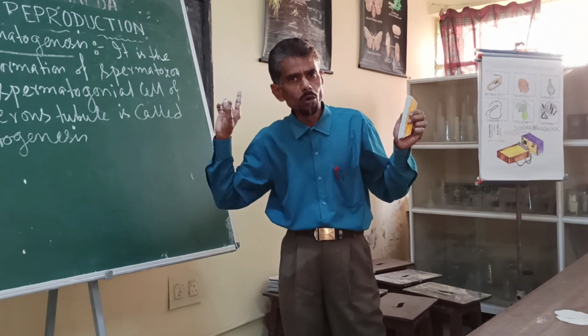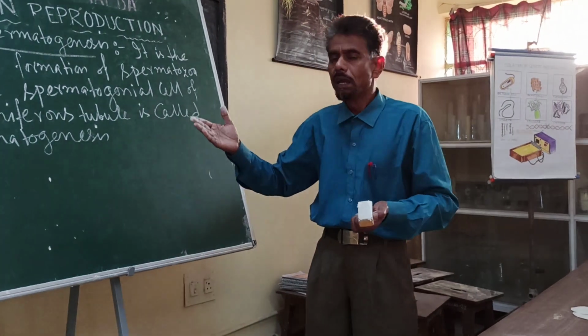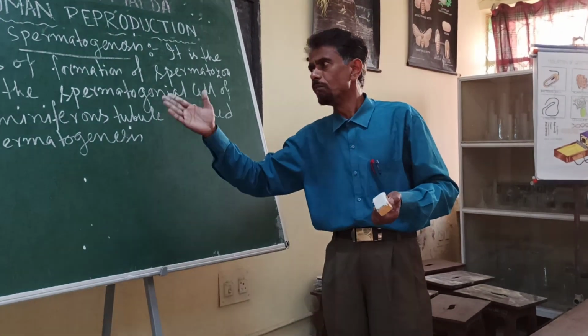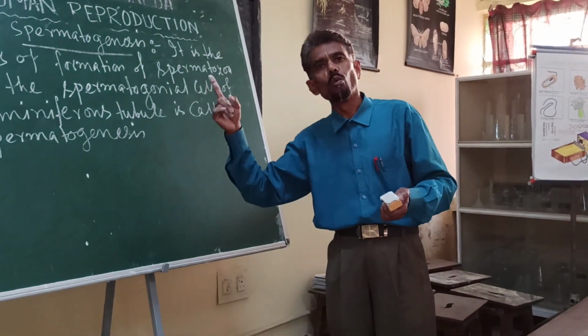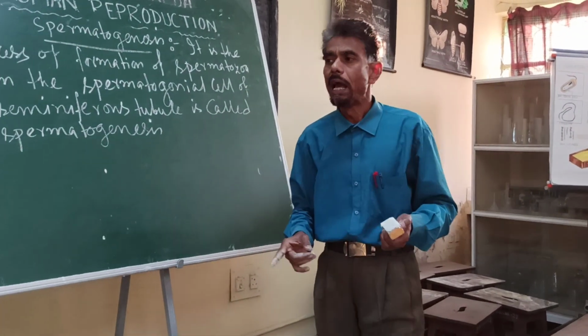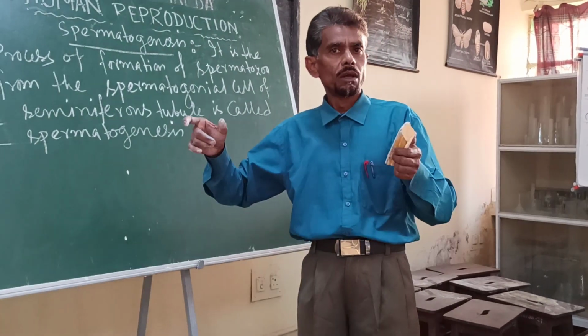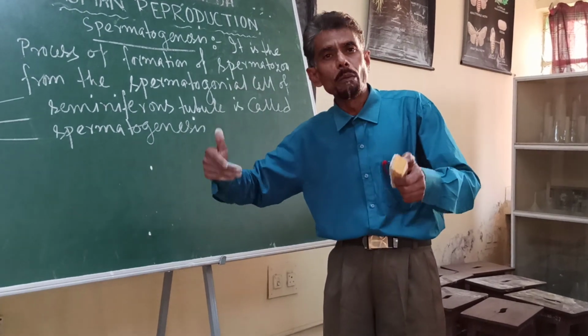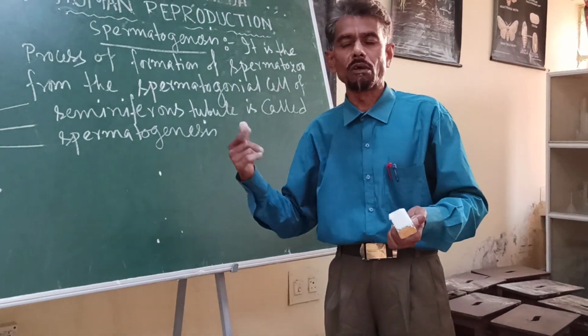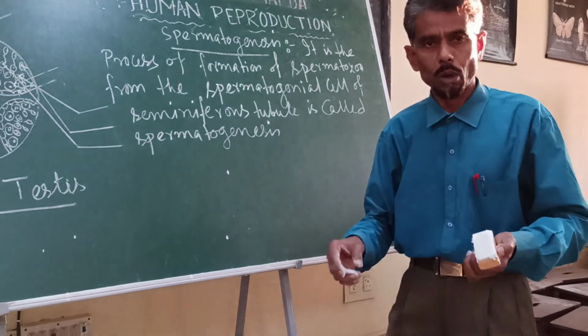Is that clear to you? Now let me draw a half section, that is a cross section through one such seminiferous tubule, and explain stepwise the different events that take place for the formation of spermatozoa.